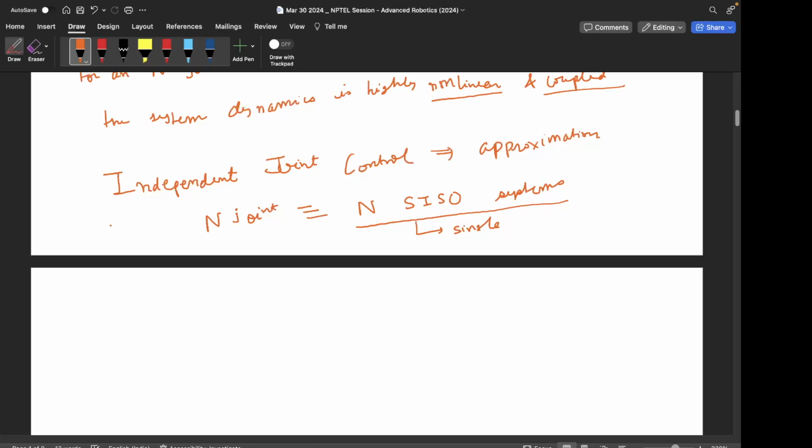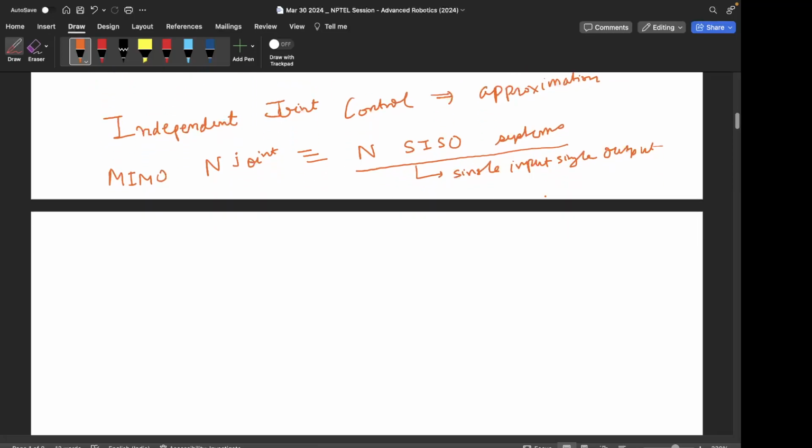So this was one big multiple input multiple output system, a MIMO system. We can equivalently create n single input single output systems. And then considering this, the individual joint can be modeled as second order differential equations, and from there on we can create control laws.